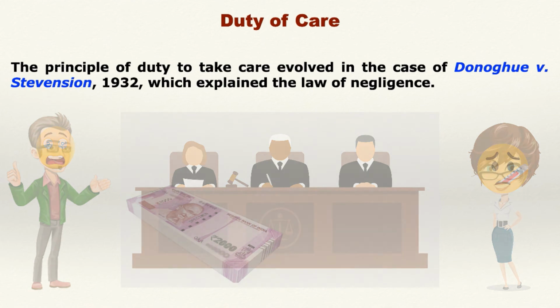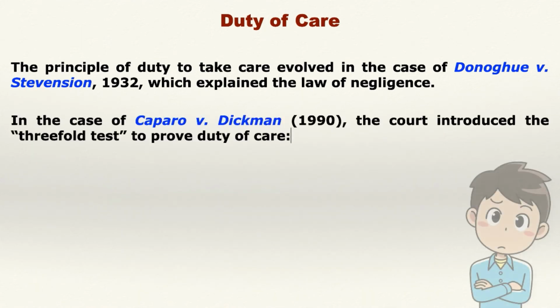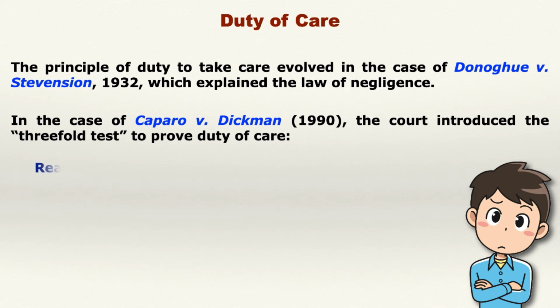Okay. Further, in the case of Caparo versus Dickman, that is a 1990 case, the court introduced the threefold test to prove duty of care. The first one is reasonably foreseeable. What does it mean? The kind of act that we can reasonably assume.